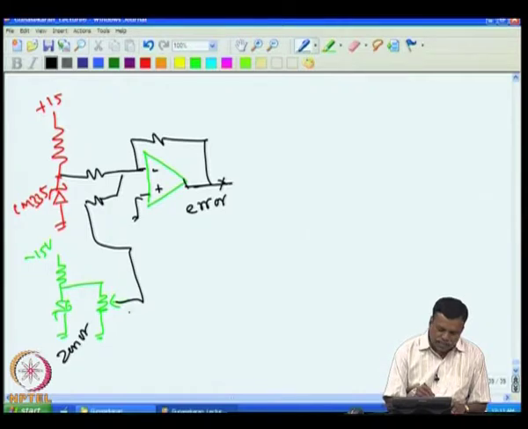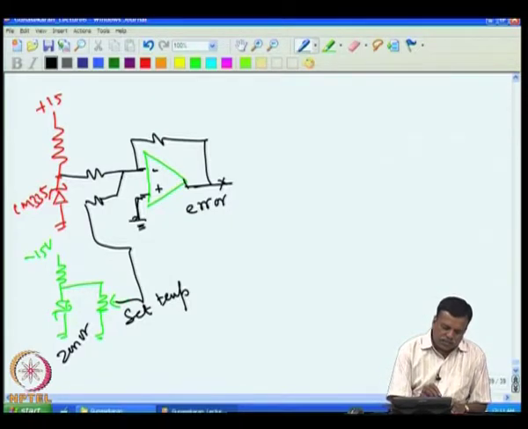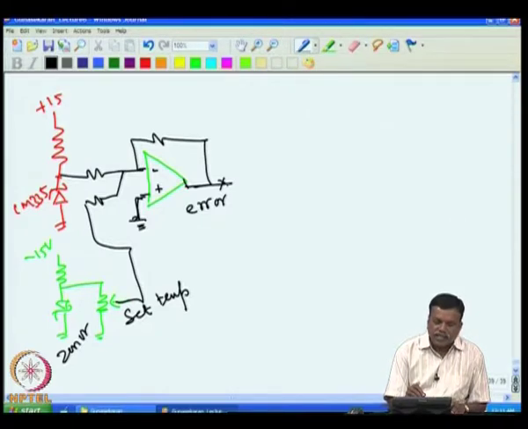So, we fix the set temperature here. When temperature goes up, in this case this voltage will be increasing by 10 millivolt per degree C, and then since this is plus, this will be going to the minus side. So, when temperature increases, you will see that the minus voltage is increasing.